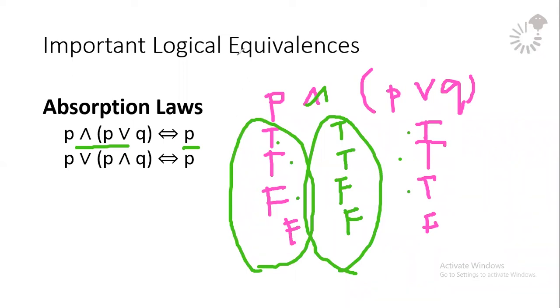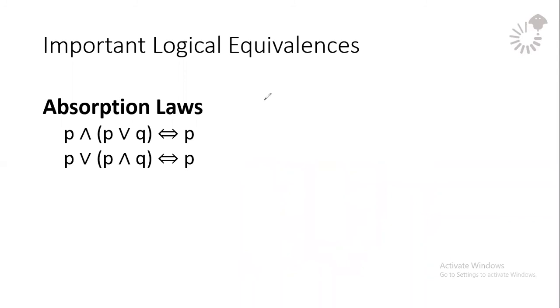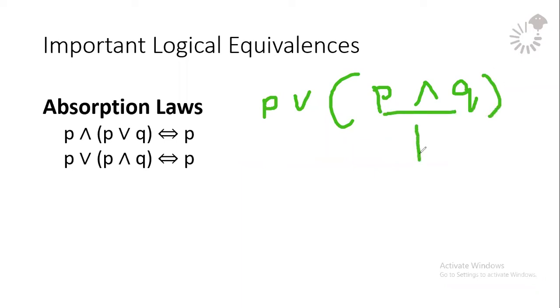Pareho, no? So these statements are equivalent. Let's try the second one. P or P conjunction Q. This is true, false, false, false.